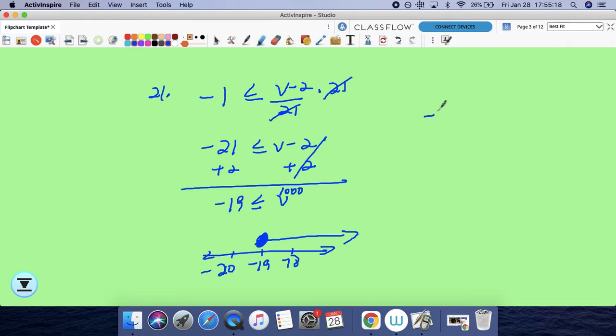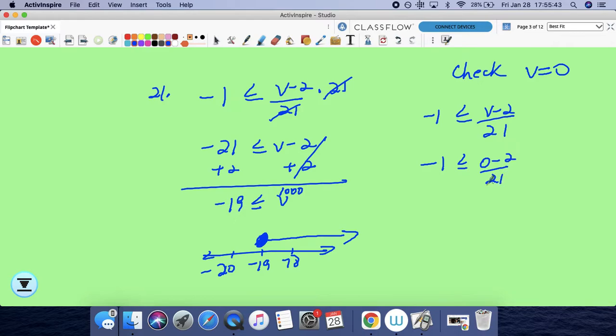So, negative 1, less or equal to v minus 2 over 21. And for your check, remember I told you, if you can pick 0, please do so. It will make life much easier. So I'm going to make v equal 0, because 0 is part of the solution, right? One of the numbers that is part of my solution. So I substitute, and I get 0 minus 2 over 21. 0 minus 2 is negative 2.